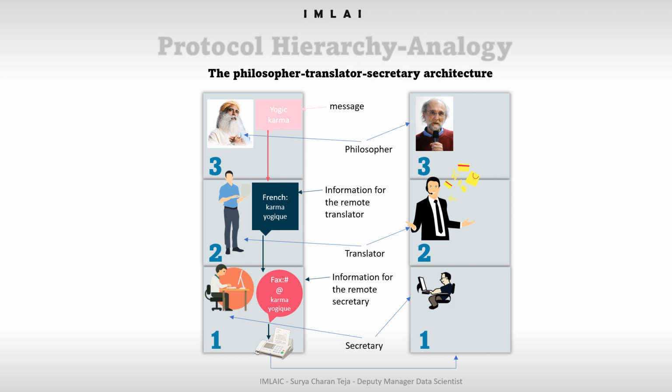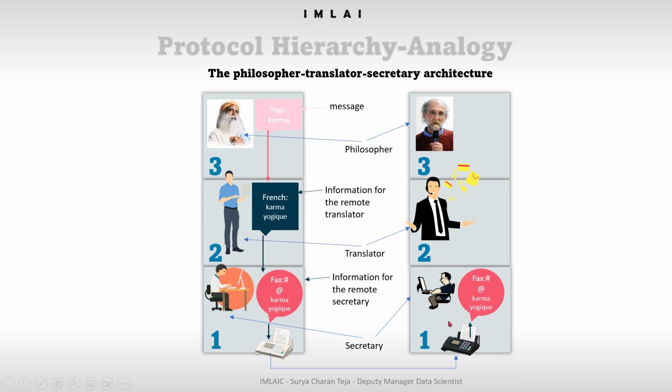Once the message arrives at the other secretary, it is passed to the local translator. So you can see this step. The message has reached layer 1 of host 2.